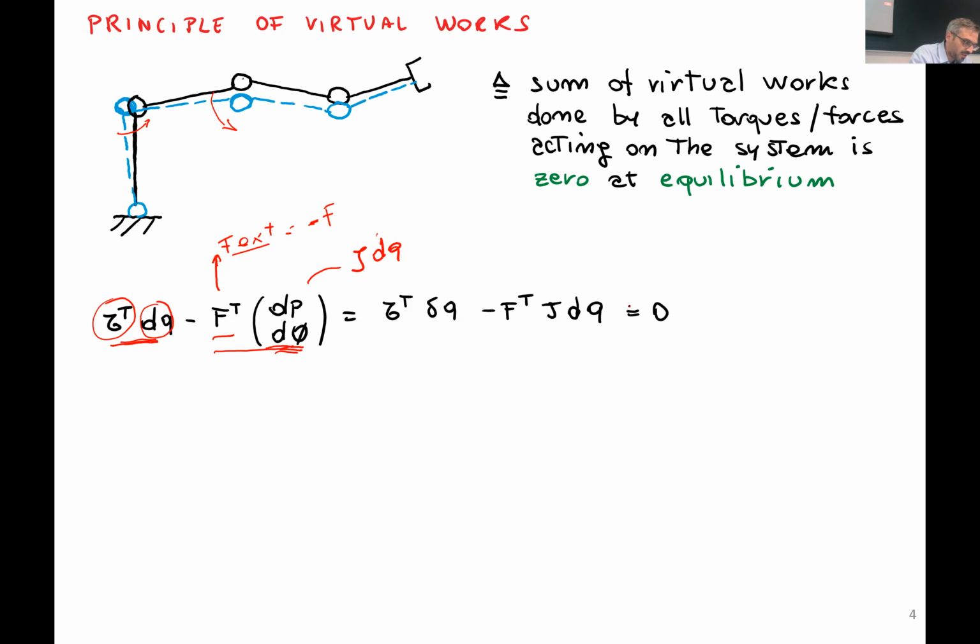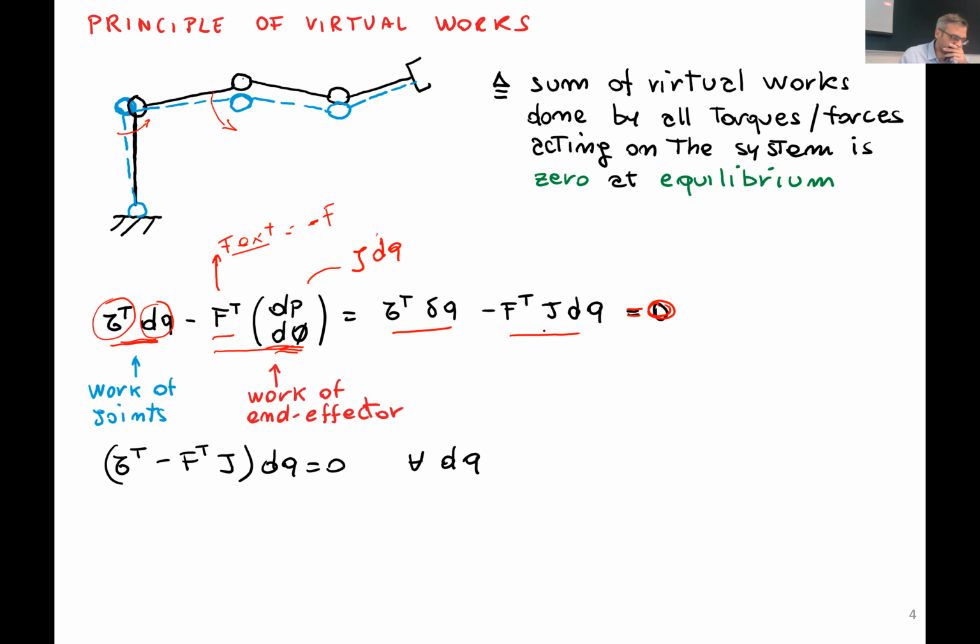And the principle of virtual work says that all these things that do work on the robot, the sum of their work is 0. So if we collect the dq from this, we get tau transpose minus F transpose J. And we want this to be true for every delta q.